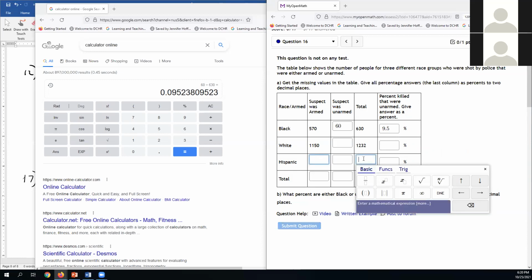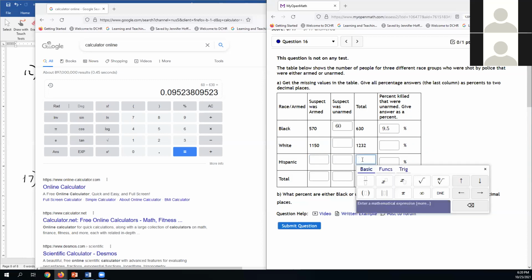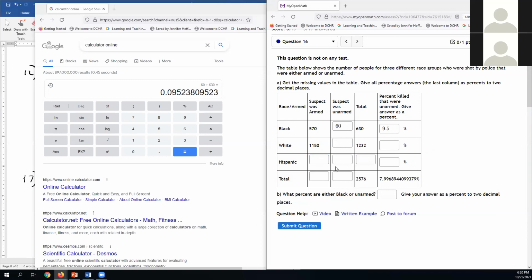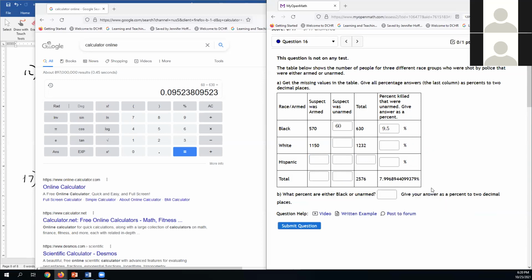Well, this one you can get by, if you know the total here, you can take these two, add them up, and subtract from this to get this value. Then you might say, well, how do I get this one? You know these two, but the way you get this value is you know this percentage of the total were unarmed.